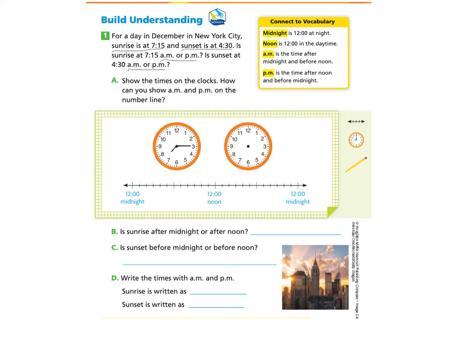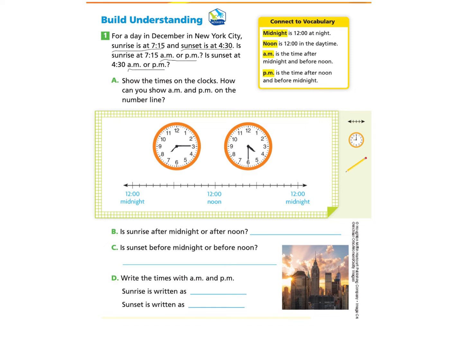So now we have 7:15 showing on the first clock. Next, we will make 4:30 on the other clock. So we will draw the hour hand in between the 4 and the 5, and the minute hand showing 30 minutes. So now we have created a clock that is showing 4:30.